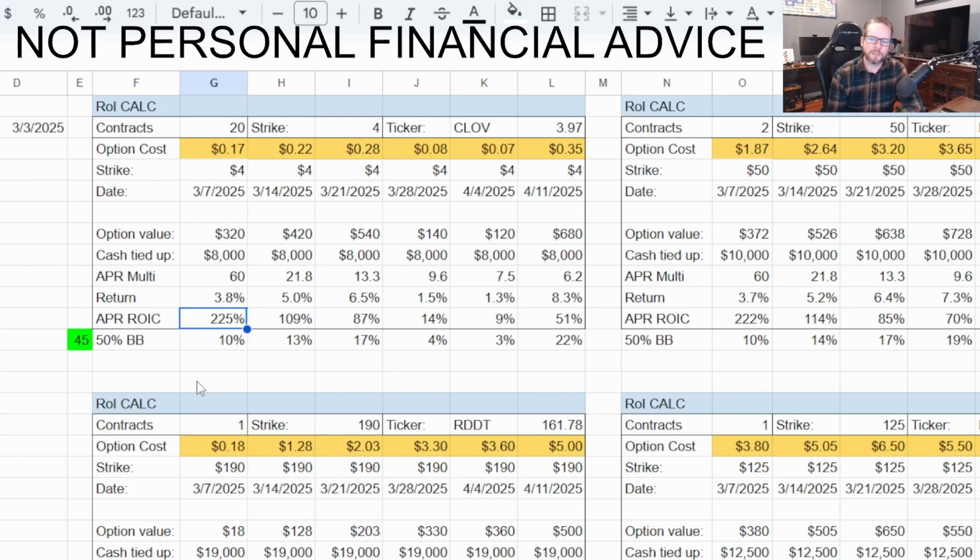Another interesting thing that happens here is sometimes the option value goes up and down over the course of time. We see that in this example, and actually all of my examples, because we have differing amounts of volume and liquidity in these different option expirations.